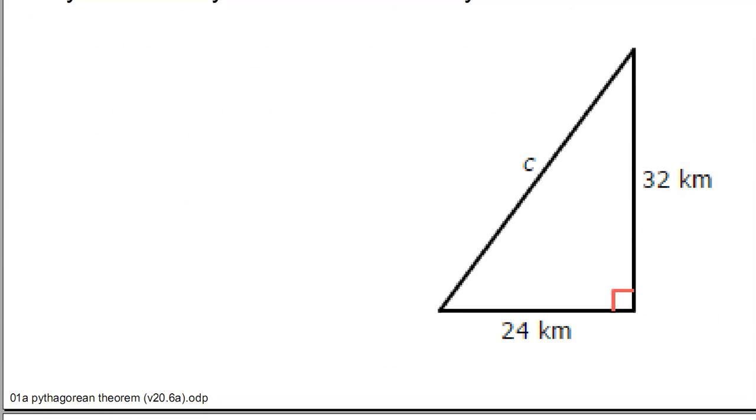Now we're getting up to some bigger numbers. Definitely going to use a calculator here. I have 2 legs, so it's going to be a square-square add. So I need 32 squared. Using a calculator, that gives me 1,024. Plus 24 squared gives me 576.